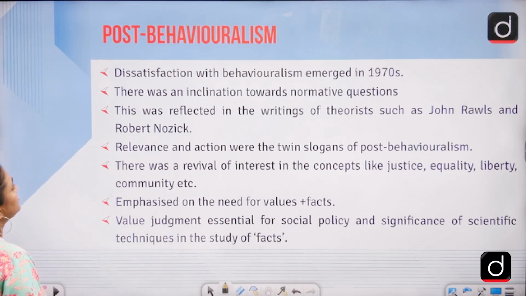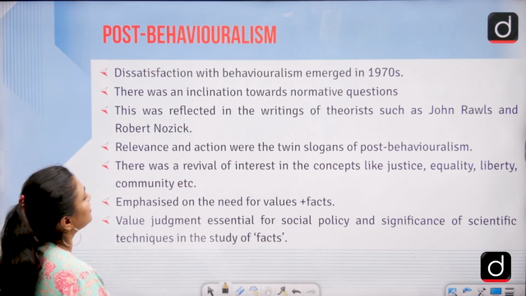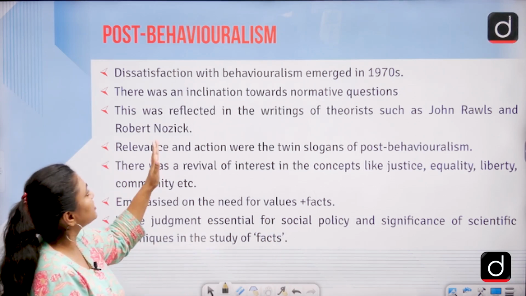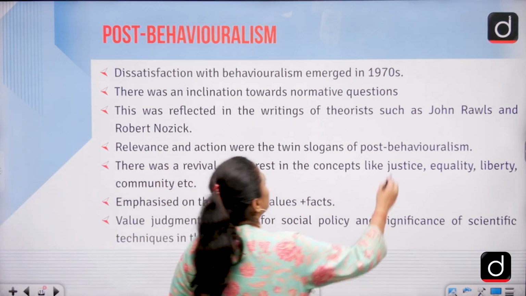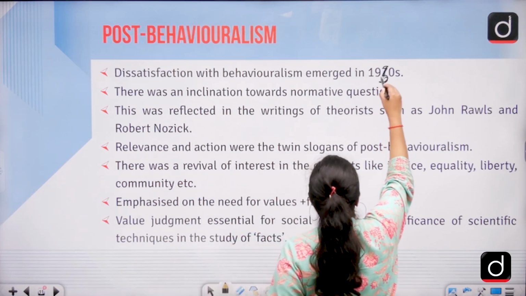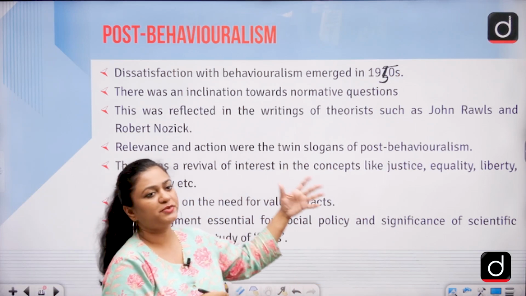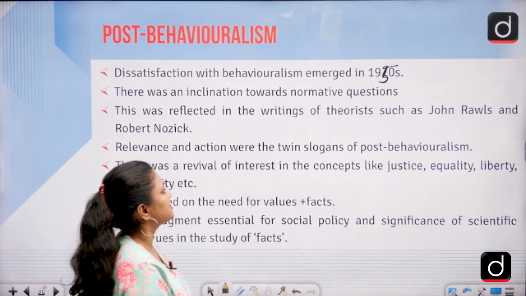Here there is dissatisfaction with the behavioralism that emerged in the 1950s, and post behavioralism emerged in the 1970s basically.